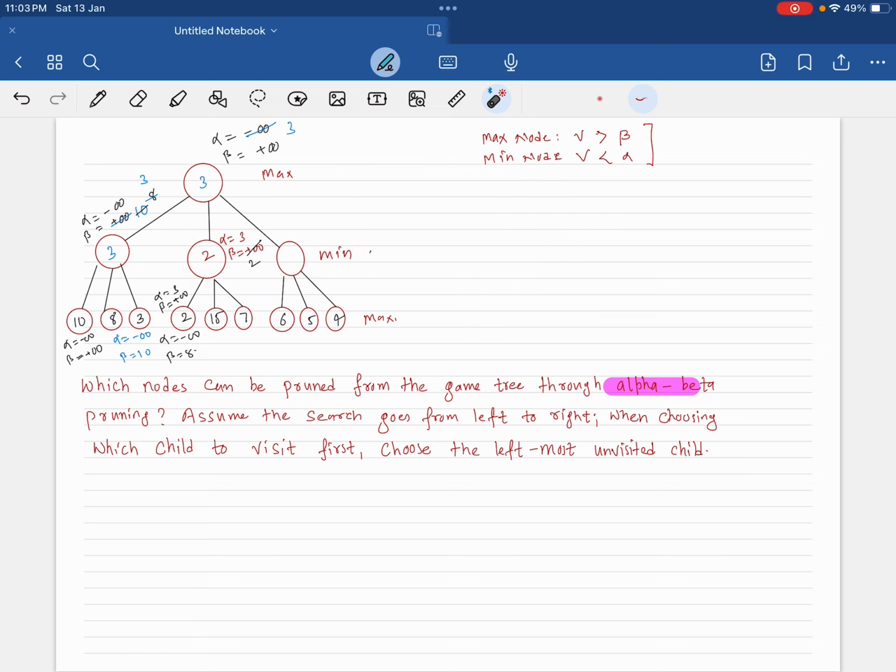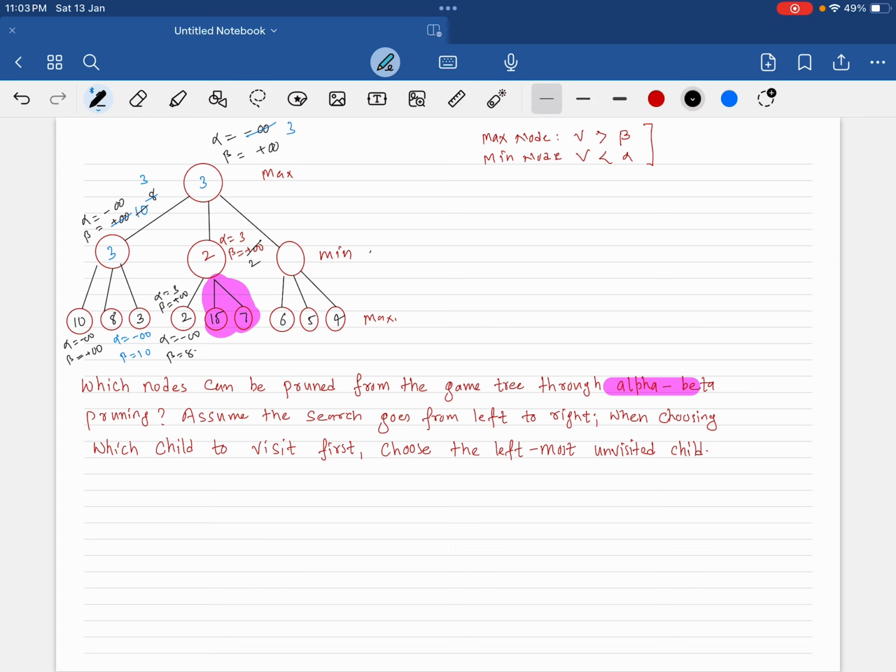So these subtrees will get pruned. Okay, now we will be back to our root node, and this is a max node. So max of 3 and 2 is 3, we are good with that. No update on alpha.